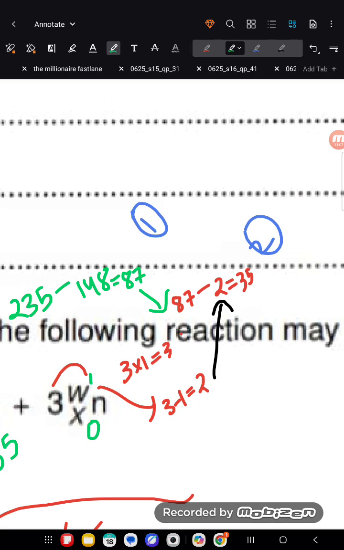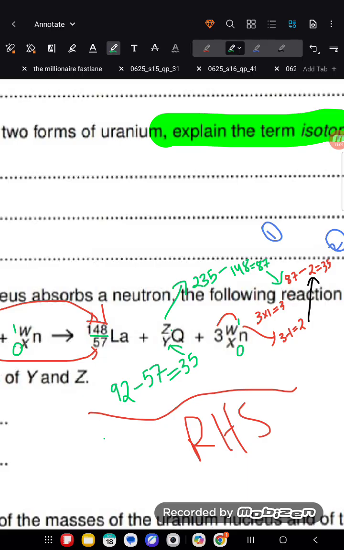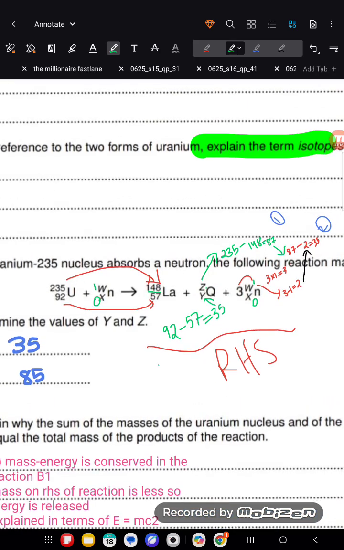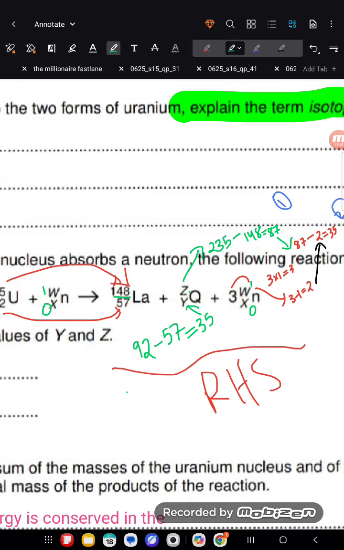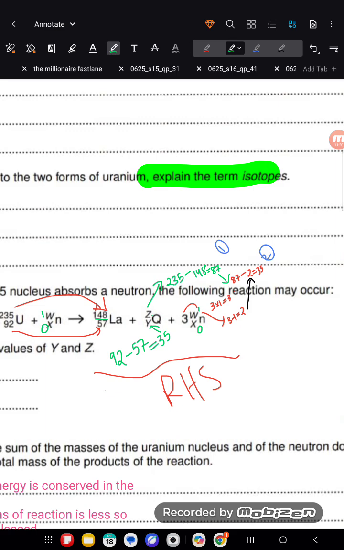So we have to do 87 minus 2 is 35. So this number will be 35. Okay, this number we will get.